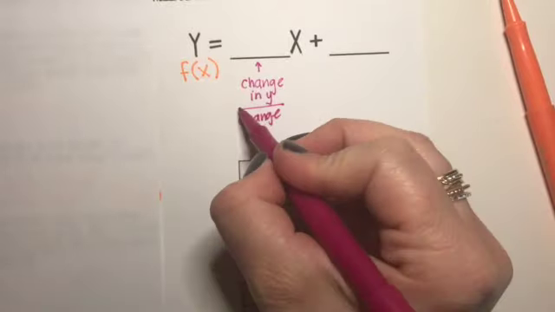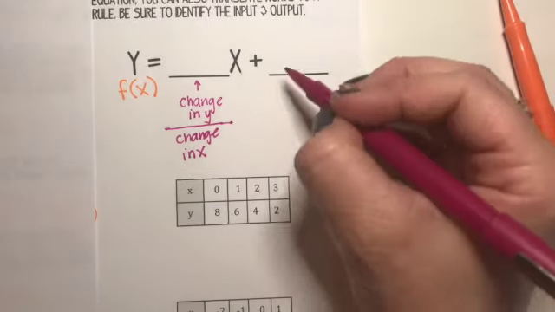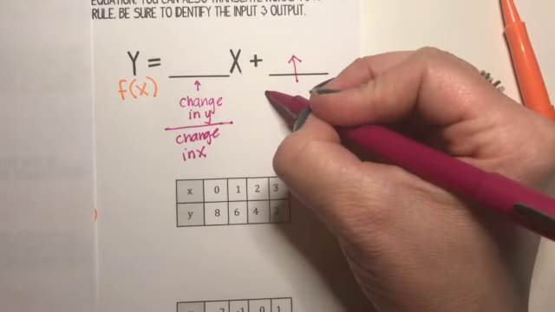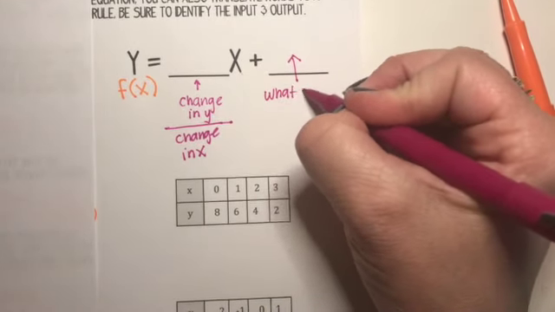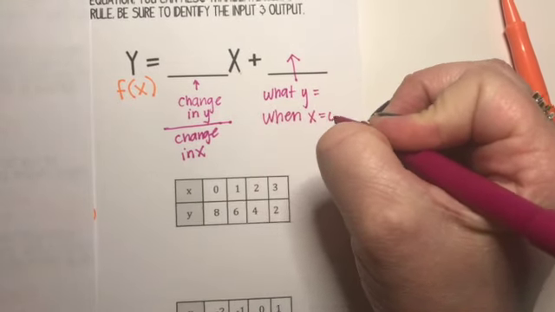Okay, so essentially that's the same thing as the slope. It's the change in y over change in x. And what goes in the second blank is what y equals when x equals 0.